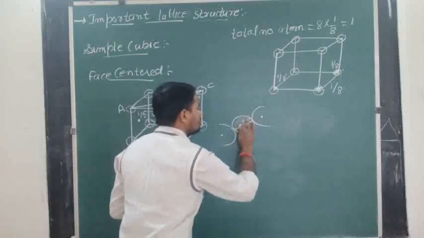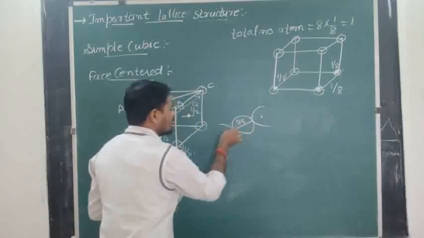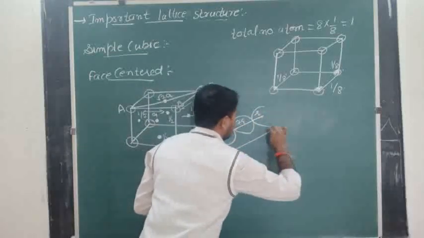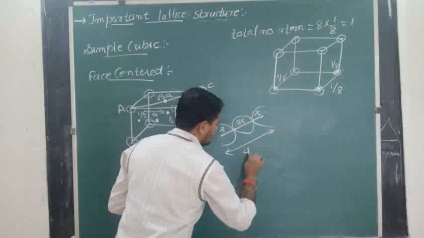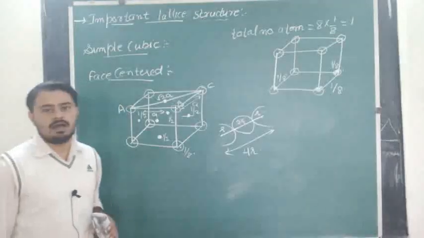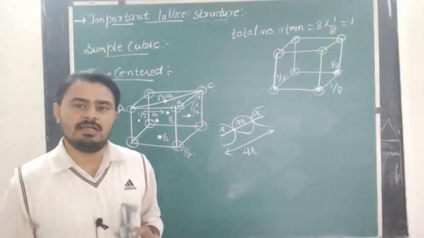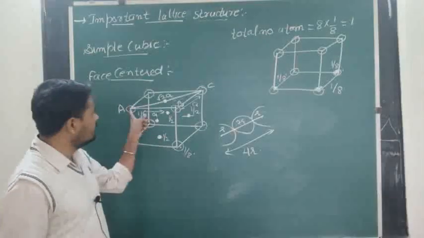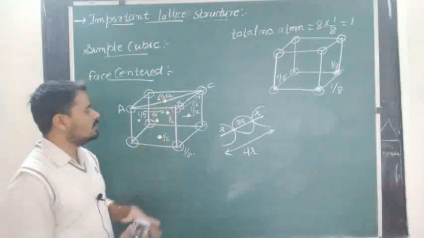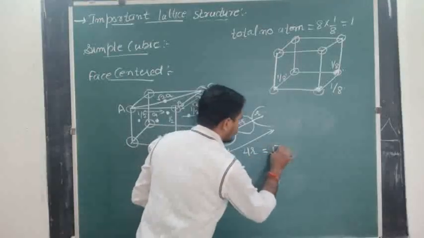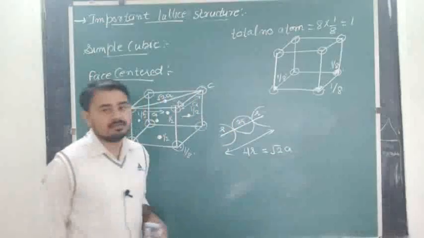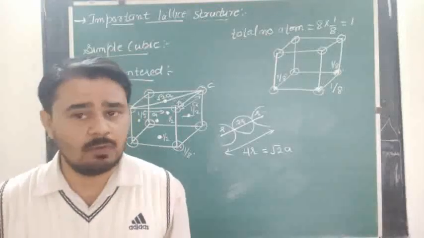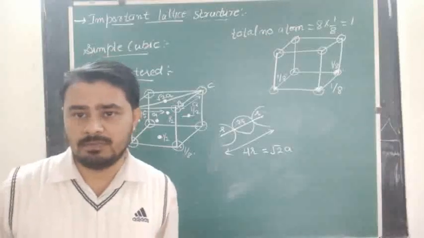This becomes twice R. This is R. This is again R. That's why the total length is equal to 4R, that means 4 times the radius of our atom. And when I take 4R equal to under root 2 a, this is our relation between the radius of an atom and the edge length, which is very, very helpful to solve numerical problems.